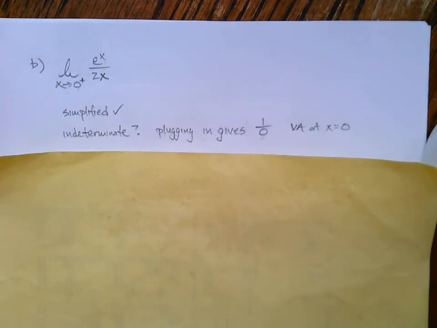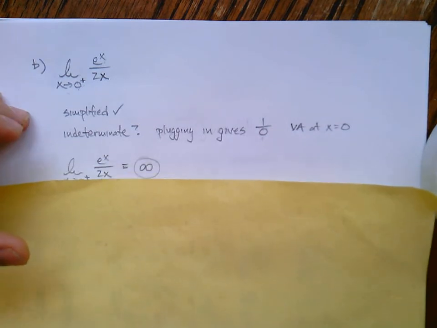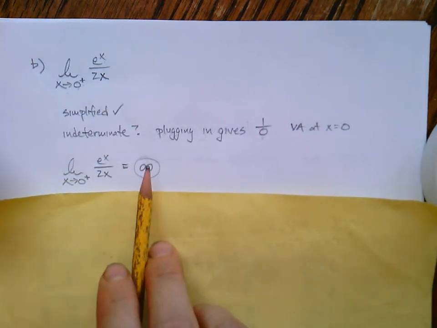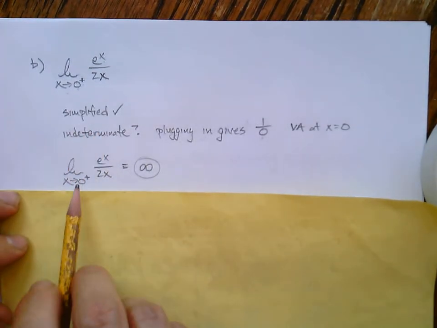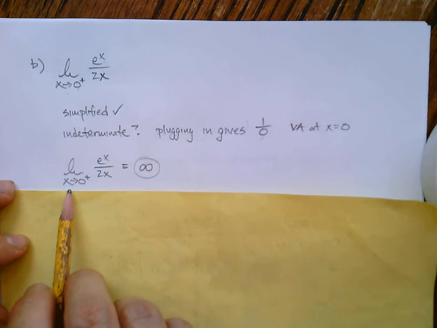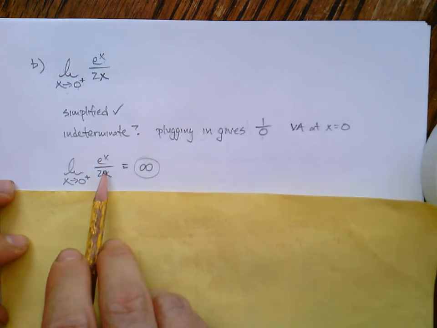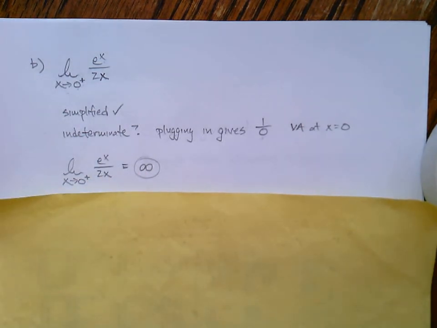So with a table, we'd want values a little bit bigger than 0, or we're looking at the right side on a graph. In this case, it turns out to be positive infinity. So there you go. As x approaches 0 from the right, the values are a little bit positive, so we'll have a positive over positive. But we could get that from a table or a graph. We understand.